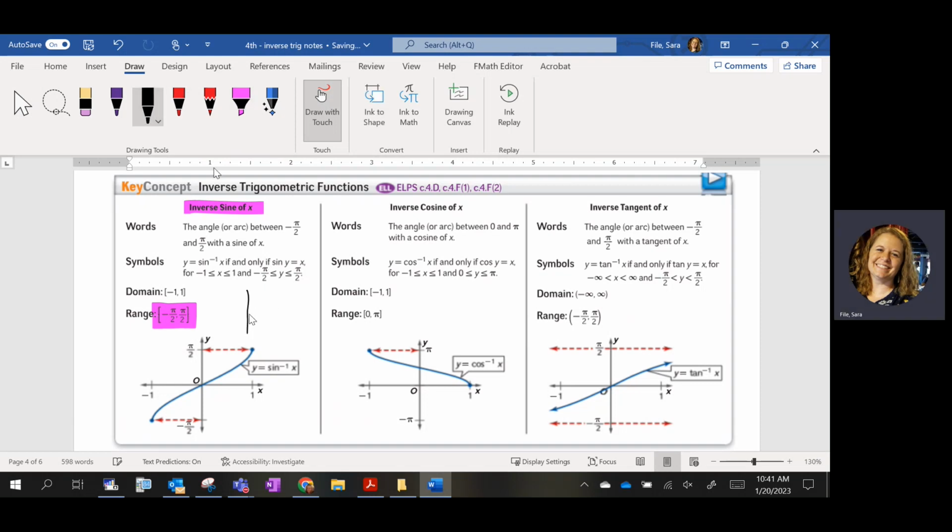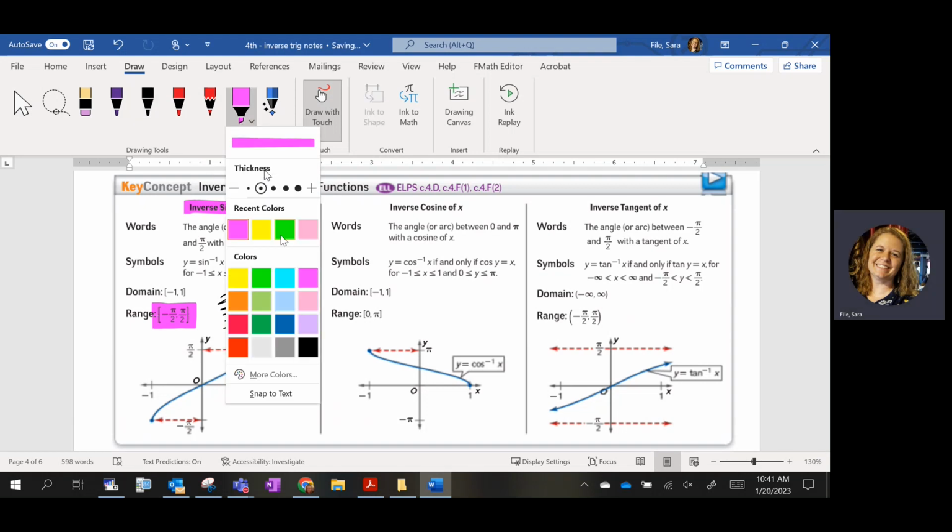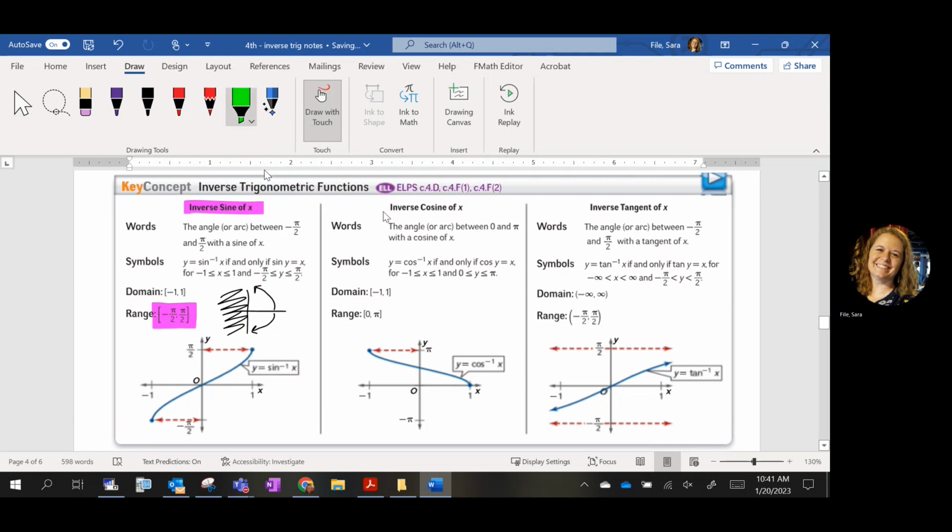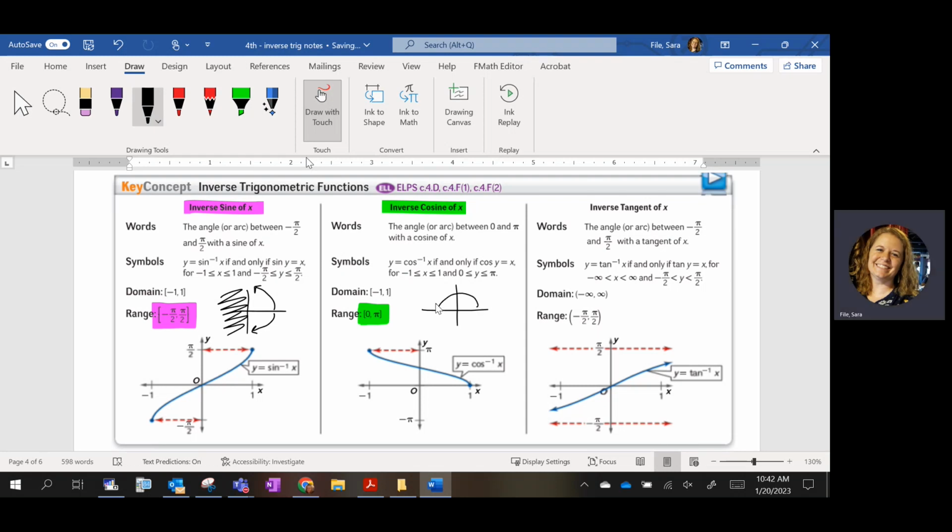If you want to draw the little sketch, that's here to here. This is no man's land. For inverse cosine, your answers are going to come from 0 to π. That's here to here. This is your no man's land.